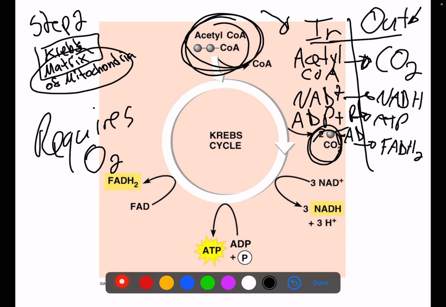All right, this leaves the last step. For the last step, we need to take what comes out of the Krebs cycle to feed the third and final step. And what we're going to feed it is NADH and FADH2. So let's go to the last step, but I'm going to draw the last step, and then I'm going to show you the actual diagrams.